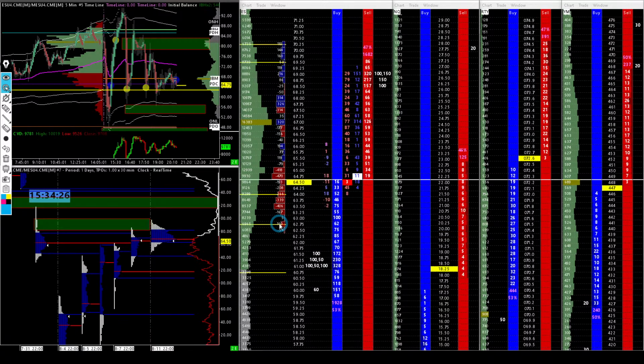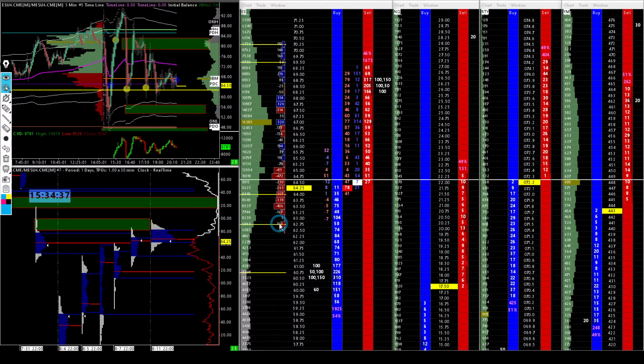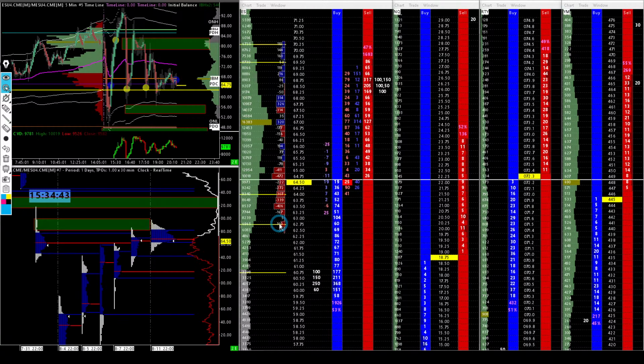I know I didn't read anything about fair value gaps there. Let me see. What did you say? I didn't think you said anything about fair value gaps.